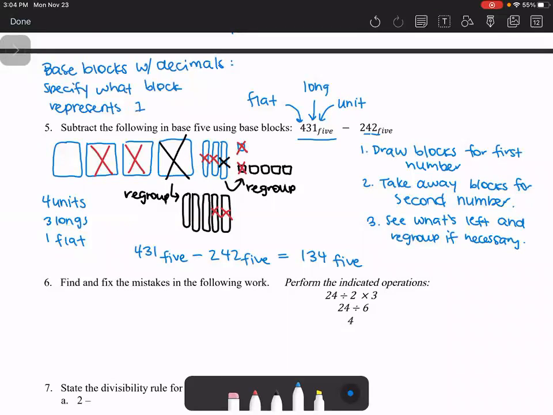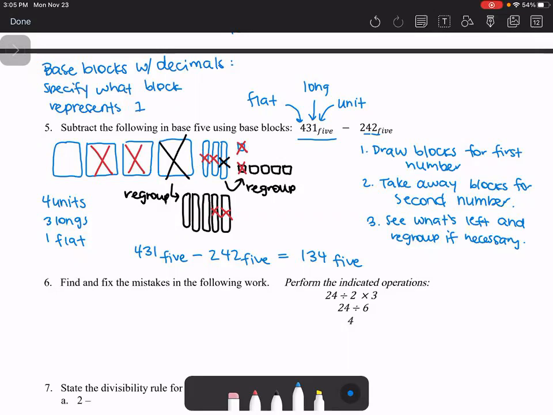So if you have a question where you're told to do some operation with decimals using base blocks, it's not as simple as when we're dealing with whole numbers. Oftentimes, that's going to be the flat that represents 1, and then the long will represent the tenths, and the units will represent the hundredths, but you should always specify what represents 1. Whenever we're dealing with just whole numbers, the unit will always represent 1. So just don't forget to do that if you're doing base blocks with decimals.